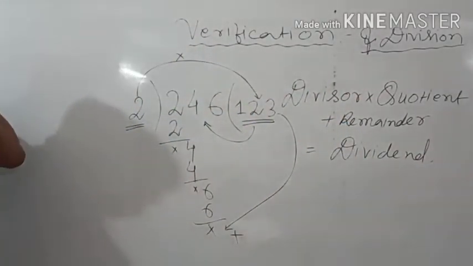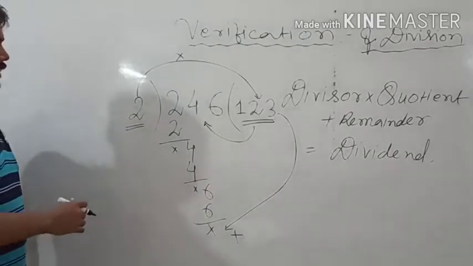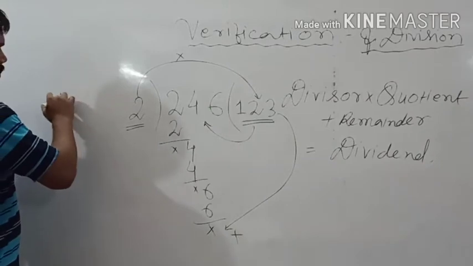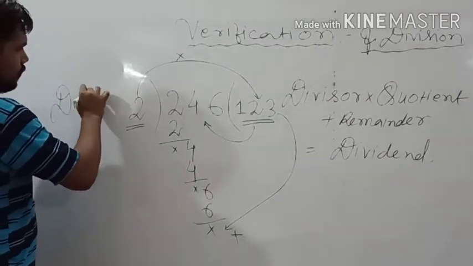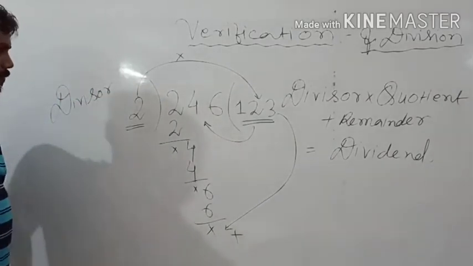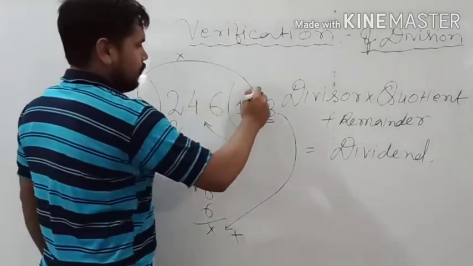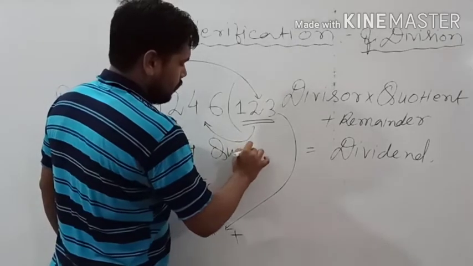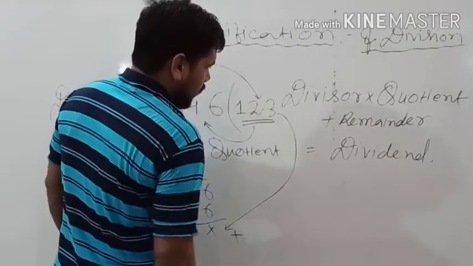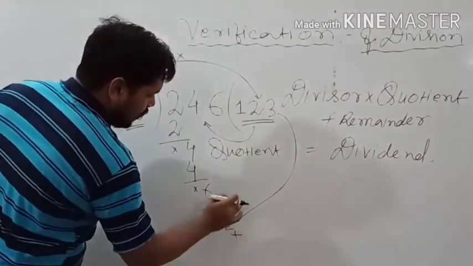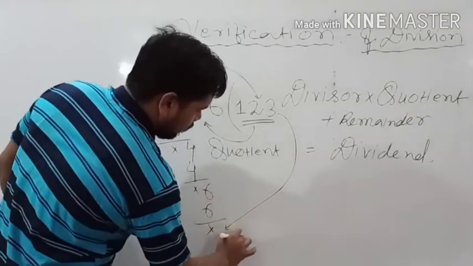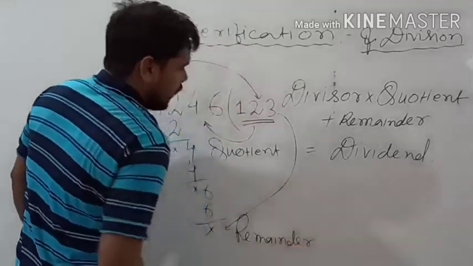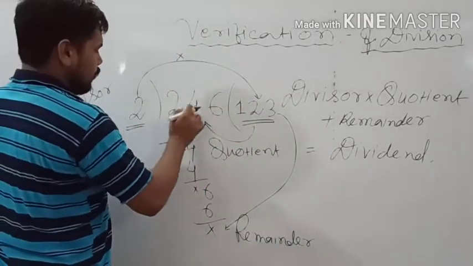So now let us revise the terms related to this. This is the divisor by which you are dividing. Okay. Division. And this is the quotient, the result you are getting after the division. And this is the remainder which will be left after the division. And this is the dividend which you are dividing.